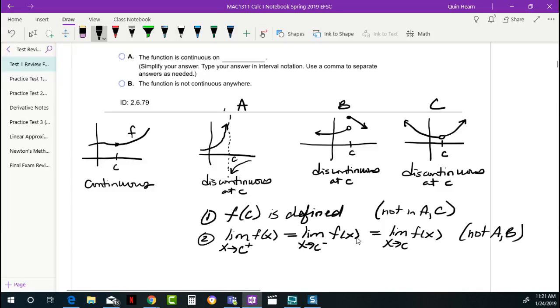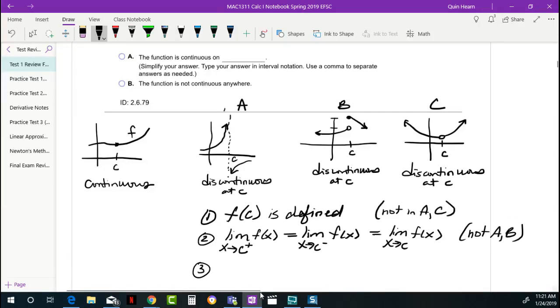Any infinity means the limit doesn't exist. In B, the limits do exist, but they're different y values from the left and from the right, so it fails there as well. In C, the limit does exist, but remember, f of c wasn't defined, so it failed that condition.